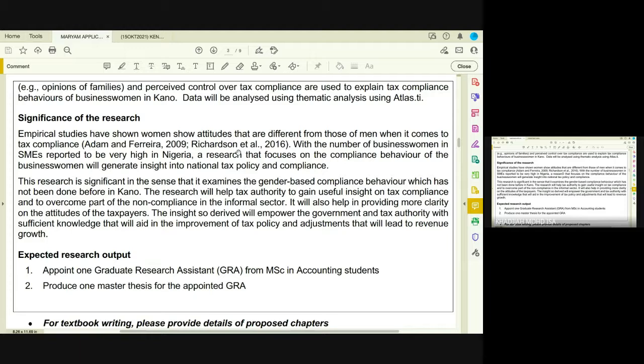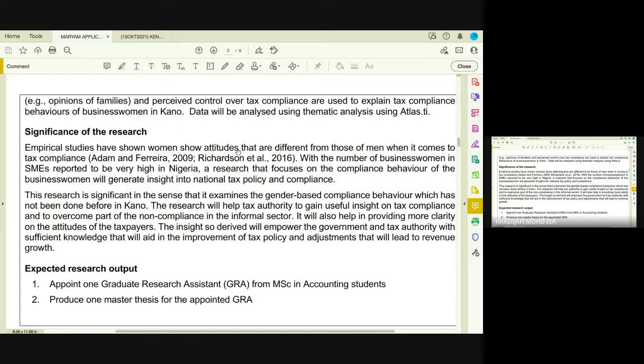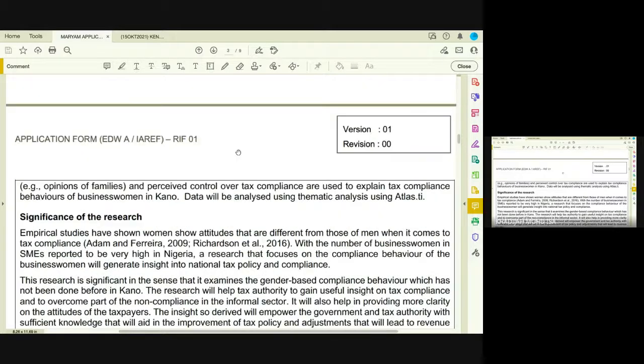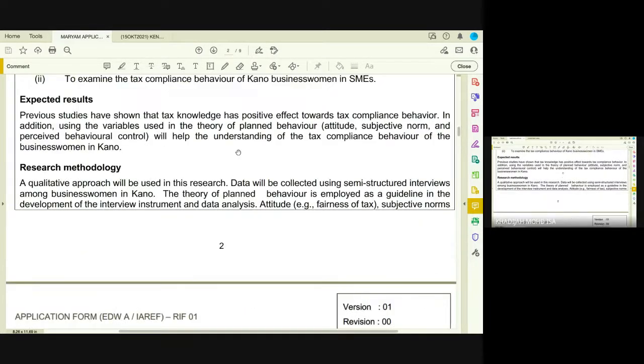I purposely leave it here so that you can have a quiet reading on this, and you see how I come up with the research methodology.